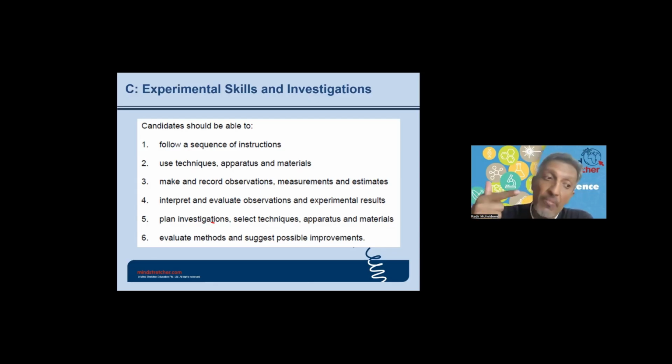Normally they give you a question with the diagram and all, but they ask you to design an experiment based on certain conditions, like you need to vary a certain variable. And how do you do that? And evaluation, of course. A few marks go to the possible errors or limitations of the experiment, and what improvements you could suggest.